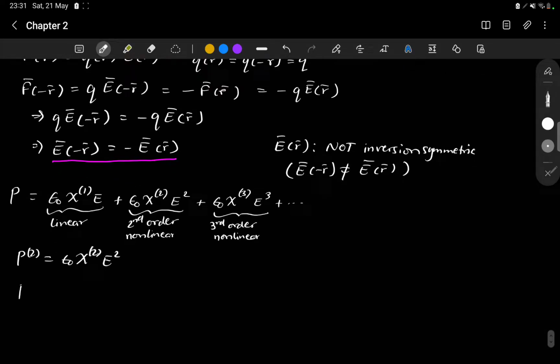So if we rewrite this as a function of position vector, epsilon naught is a constant. It doesn't depend on position vector.